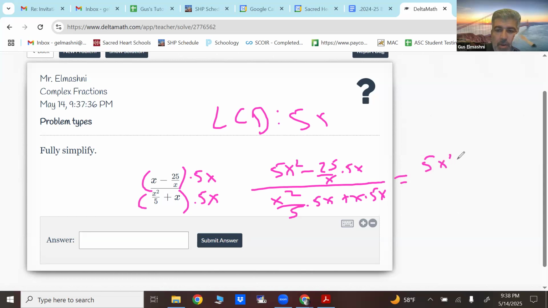So it's 5x squared minus 125 all over x cubed. I think you could leave it like that, but we probably should factor things out.